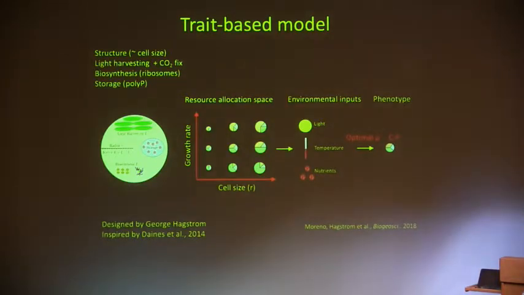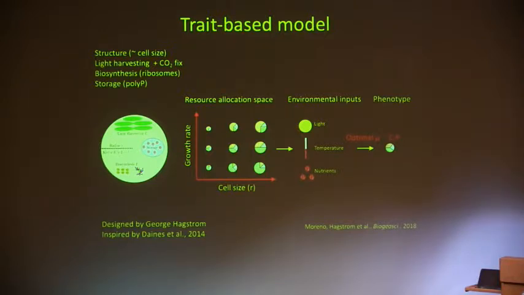All right. So just to give you a brief rundown on our trait-based model, it's really building upon a long tradition of phytoplankton physiology models, and ours in particular was inspired by the Daines et al. paper from 2014. We basically have 4 components: a structural component, a light harvesting component, a biosynthesis component, which is really ribosomes, and then a storage component, which is by and large polyphosphates.